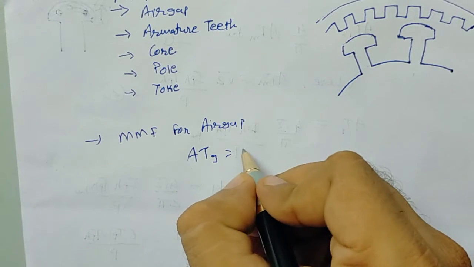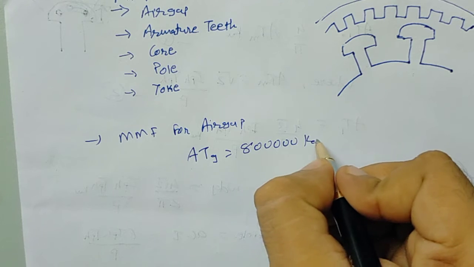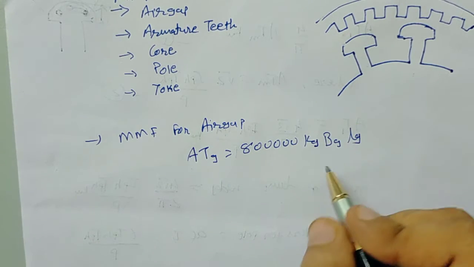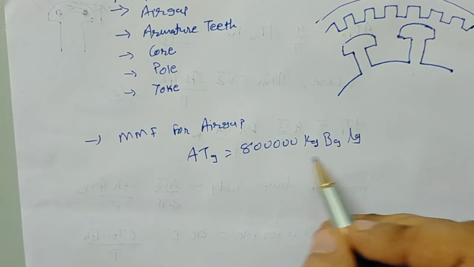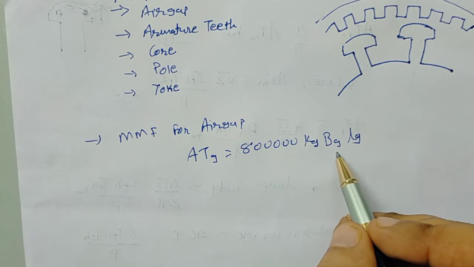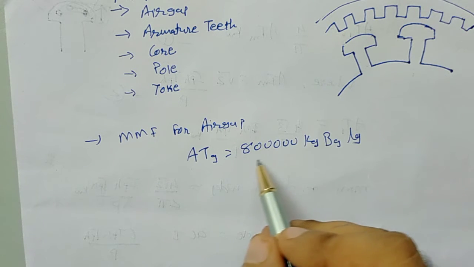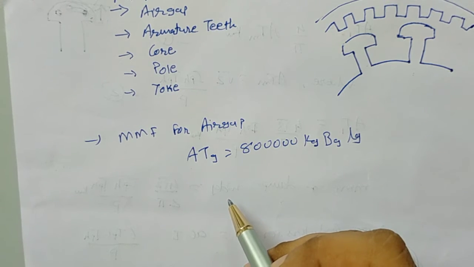ATg is 800,000 Kg Bg Lg, where Kg is the gap contraction factor, Bg is the value of flux density in the air gap, this is not the average flux density, it is the gap density, and Lg is the length of the air gap. So by this simple equation we can find out the MMF for the air gap.